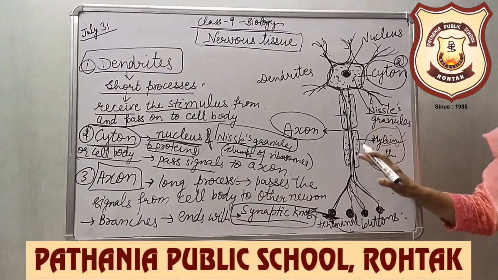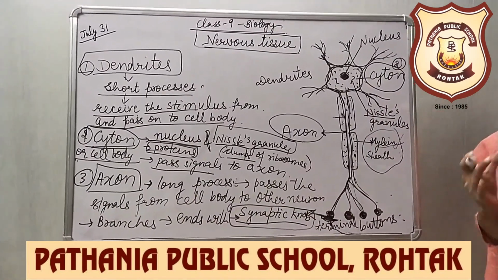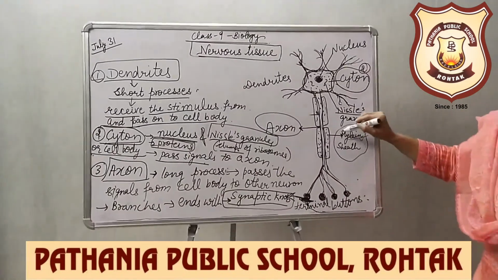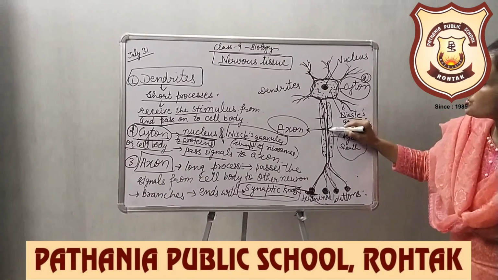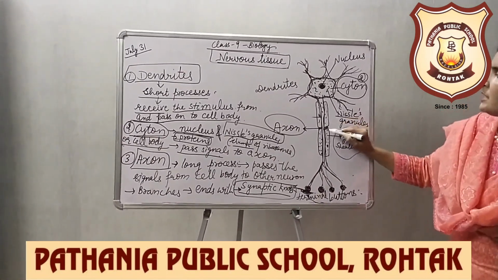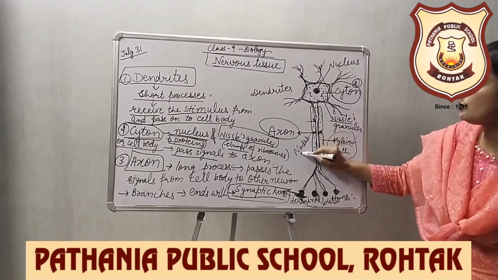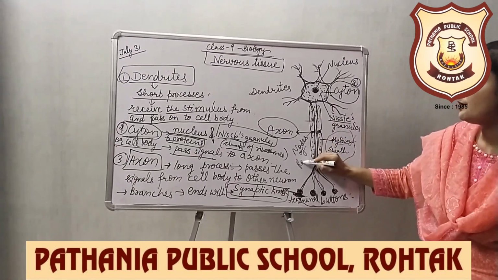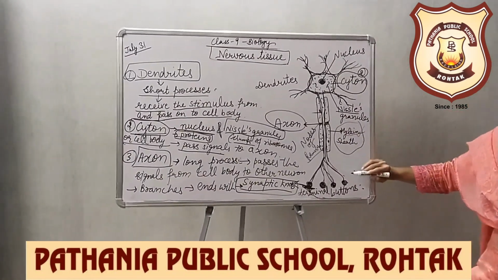If the myelin sheath is absent, such a neuron is called a non-myelinated neuron. And there could be certain places where the sheath may be broken. These places or junctions are called nodes of Ranvier. So, this is the structure of the neuron.